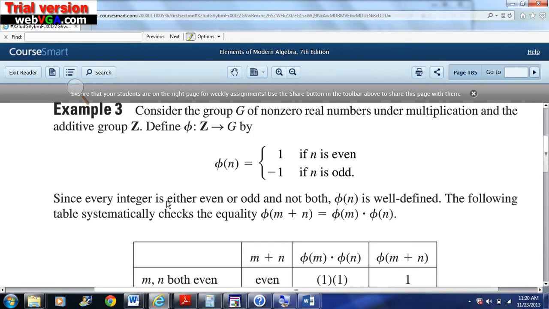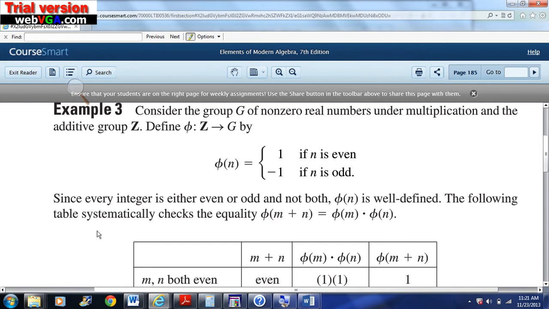Since every integer is either even or odd, and not both, phi of n is well defined. So it is well defined. You can easily tell whether the number is even or odd.